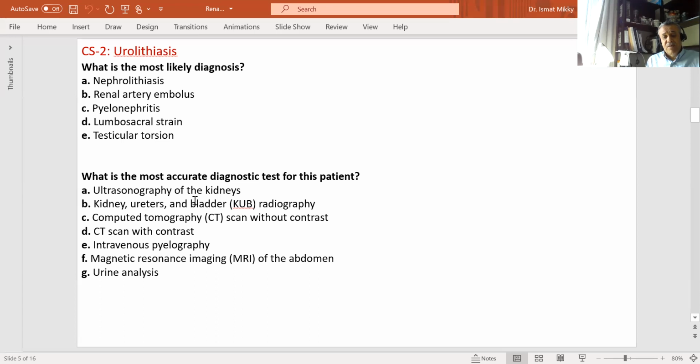The most common type of kidney stones, as we said, is the one composed of calcium, either calcium phosphate or calcium oxalate.